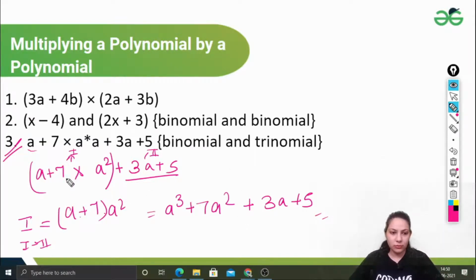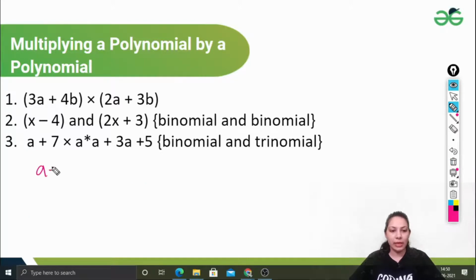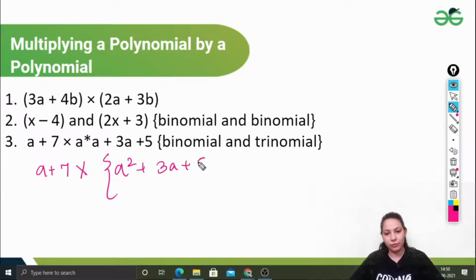So again, this may be understood as one more question. Let us solve here: a plus 7 multiplied by a square plus 3a plus 5. Got it? This is a trinomial and this is a binomial.